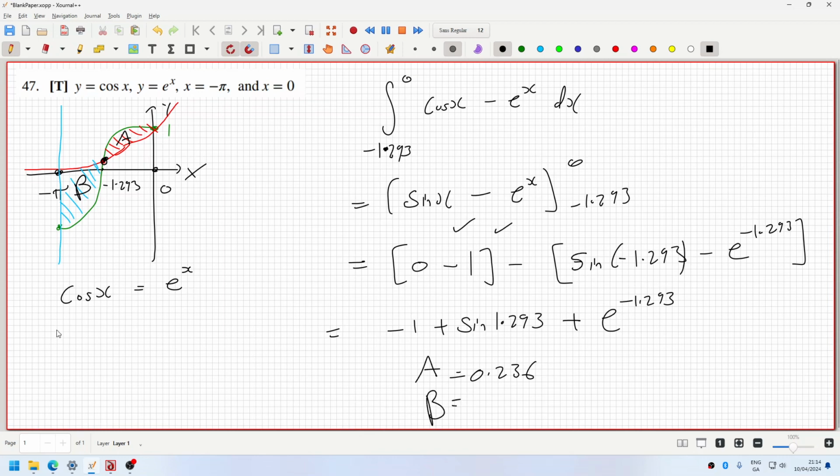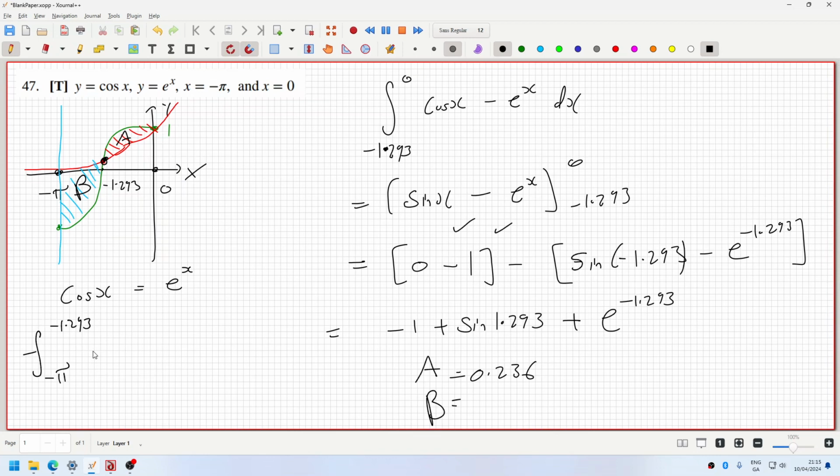And B is basically the same thing, except it's just a change in the limits. It's from minus pi up to minus 1.293. And because the functions swap places, you can just put a minus in front here. So if you just repeat the calculation with the different limits, you can get B pretty easily.